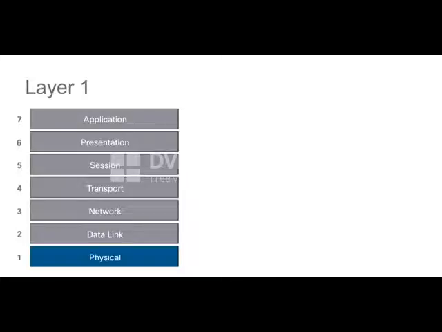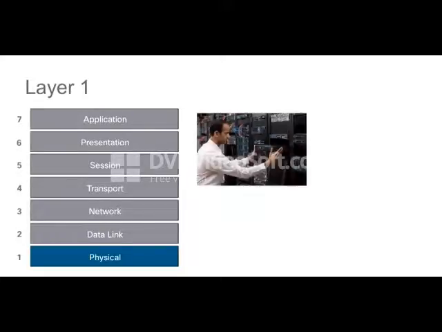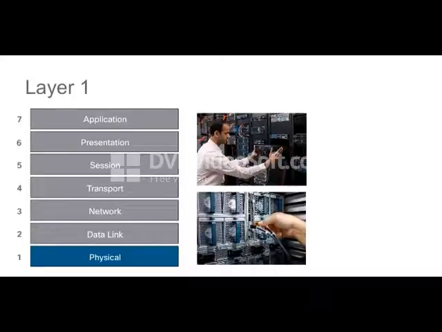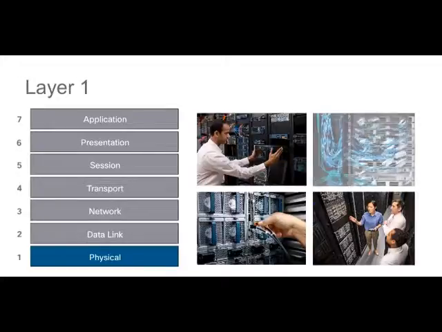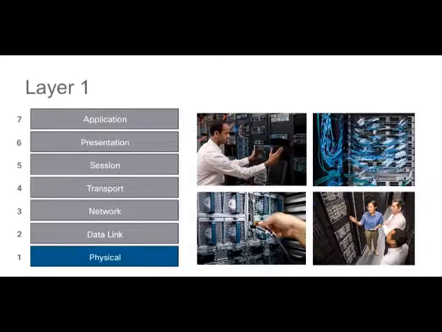Now when we think about the physical layer, what we have to imagine is we have physical devices, but there are certain things we can't see here, obviously, like the voltage. But we might be dealing with physical media. That would be, for example, an Ethernet cable. That would be something tangible, something physical that resides at layer 1 of this OSI model. Okay, so that's what we see at layer 1. We see the physical media and all of the properties that surround it.